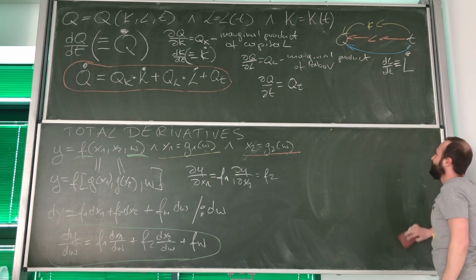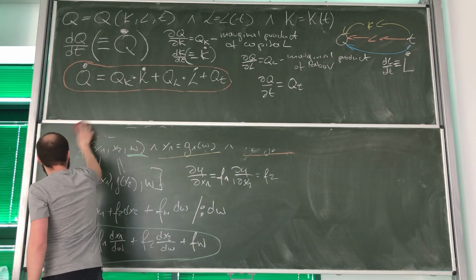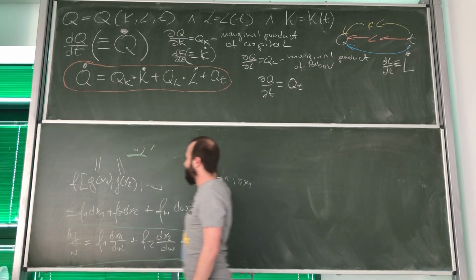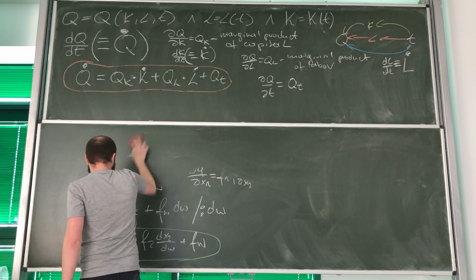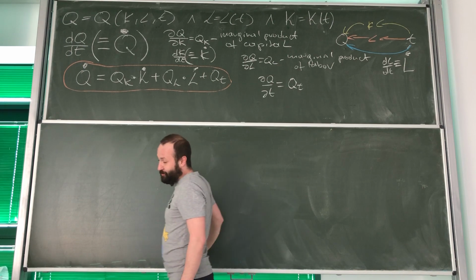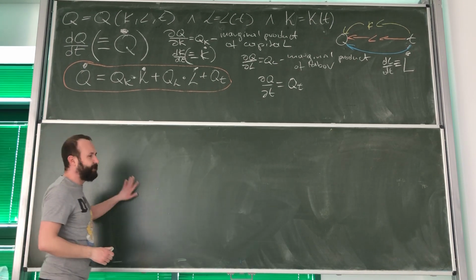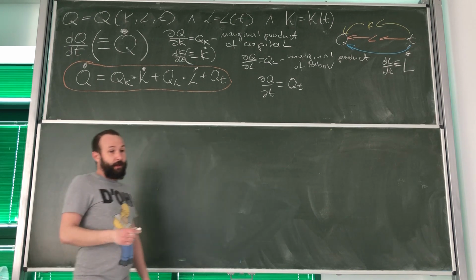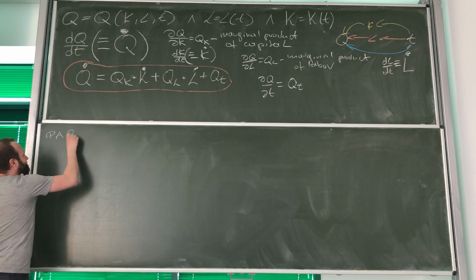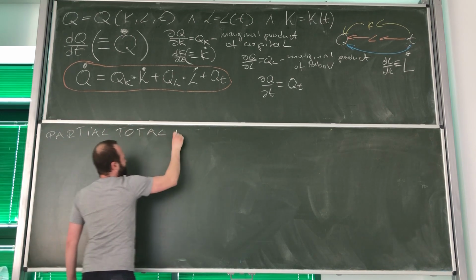Now let's see what to do if the situation is even more complicated than this. And to do so, we just need to modify what we learned slightly. And we're going to move to a very oxymoronically sounding name, because we're going to do something that is called partial total derivative.